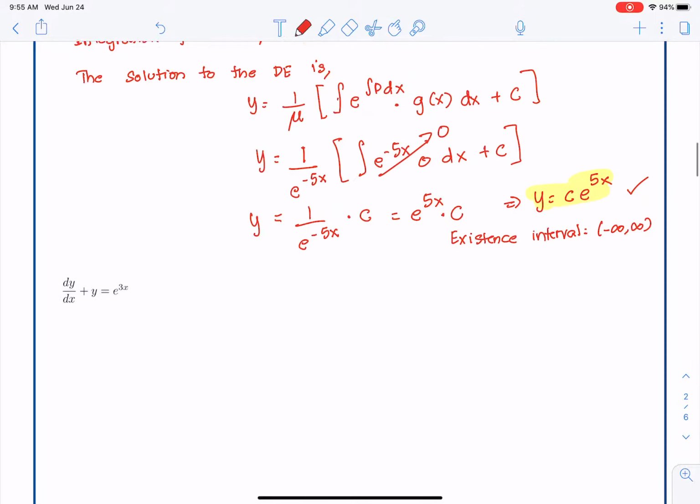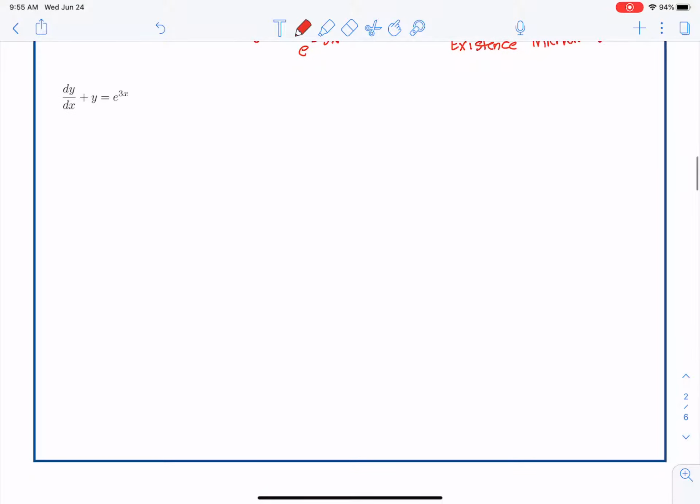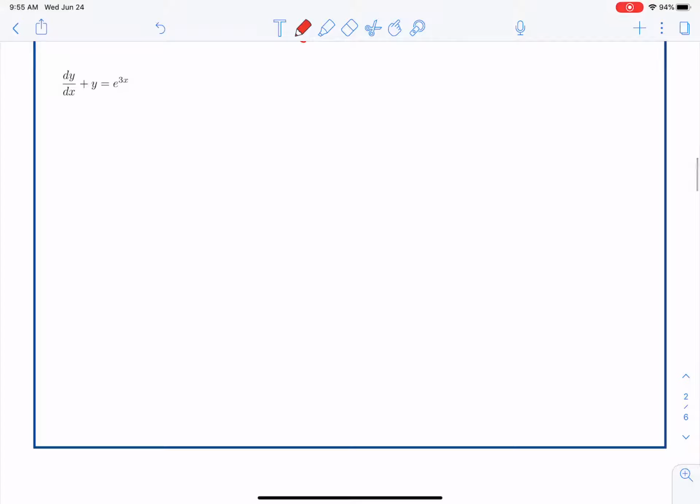Okay, moving on to the next one. This particular problem is not separable. No matter how hard you try, you cannot simply bring the y terms on one side and the x terms on the other side. But this is a linear first order equation, so we have y prime plus y equals e raised 3x.